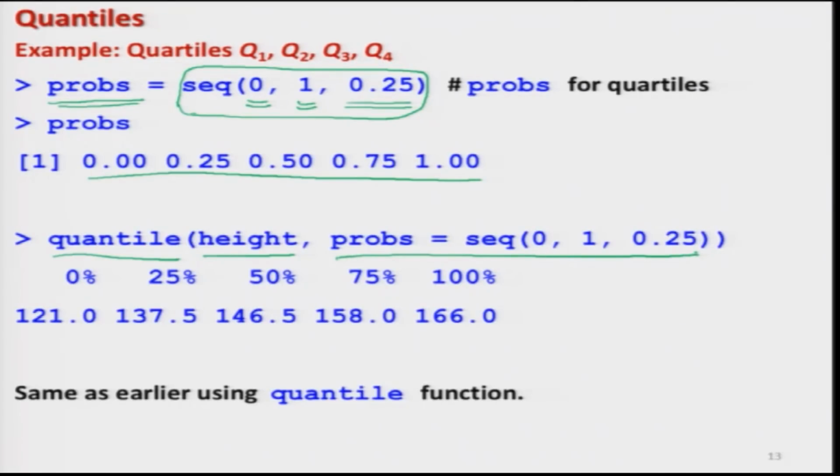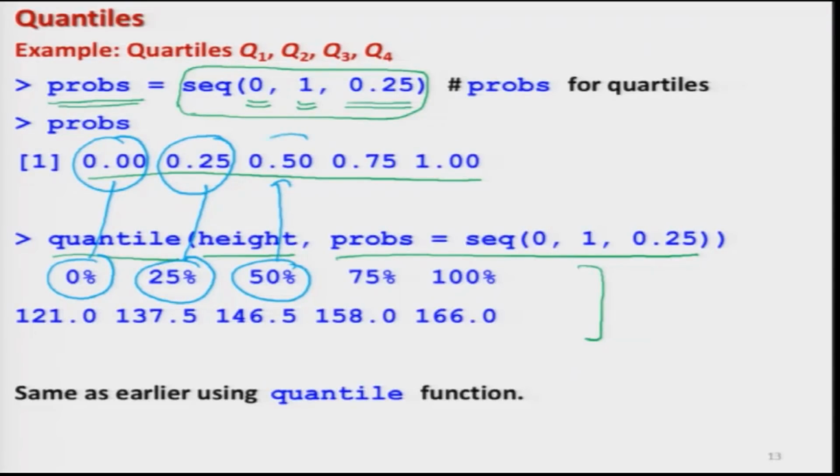You can see the outcome will look like this. Now, you have to understand how things are happening. This 0% is the same as 0.00. This 25% is the same as 0.25, the second value in the props vector. 50% is the same as 0.5, which is the third value in the props vector. 75% is the same as 0.75, which is the fourth value in the props vector, and 100% is the last value 1.00 in the props vector.